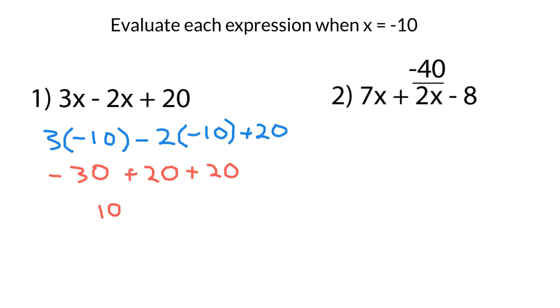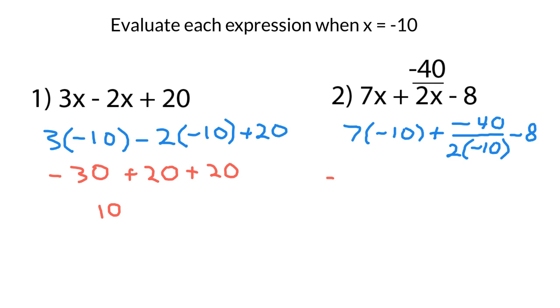For the next one, we are going to have 7 times -10 plus -40 divided by 2 times -10. Subtract 8. 7 times -10 makes -70. Plus, we have -40. 2 times -10 makes -20.